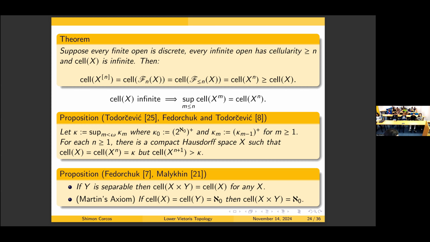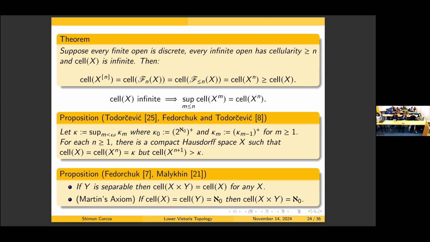We're calling this union kappa. Then for every natural number n bigger than or equal to 1, you can find a compact Hausdorff space X where the cellularity of X is the same as its nth power and is also kappa, but the cellularity of the n plus 1 power is greater than kappa. So what this means for our results is that the cellularity of the hyperspace of n plus 1 element sets would be greater than kappa, which would be the cellularity of our base space.